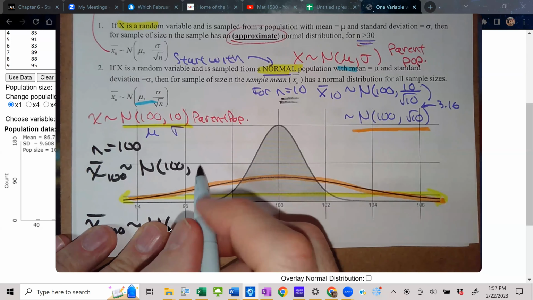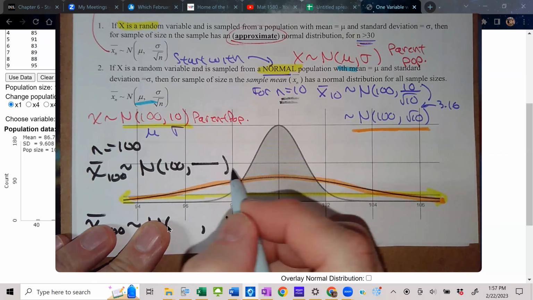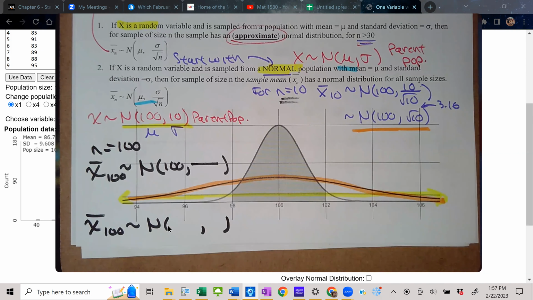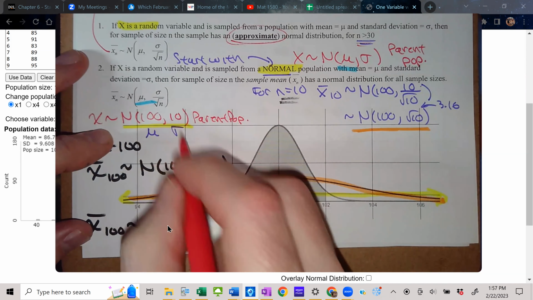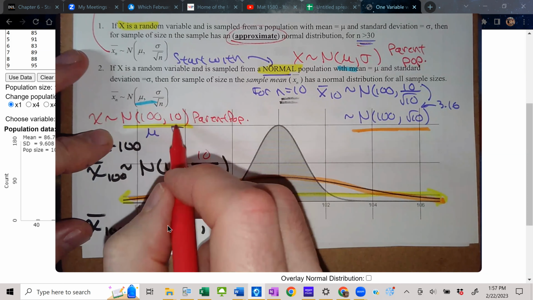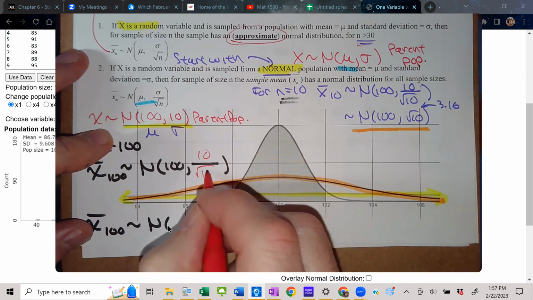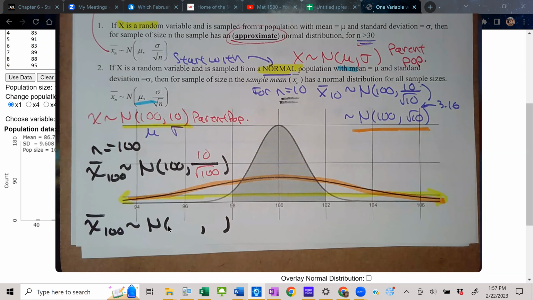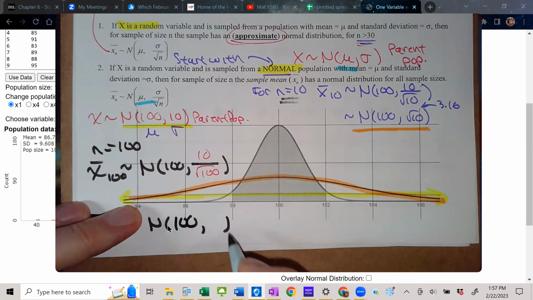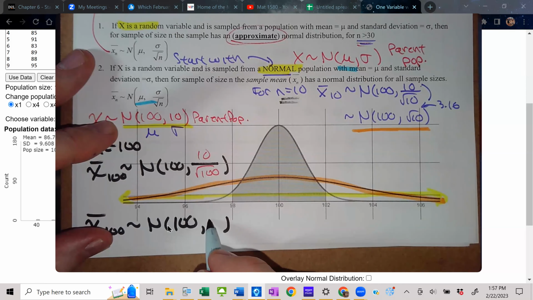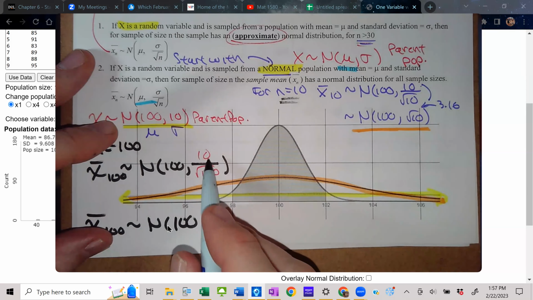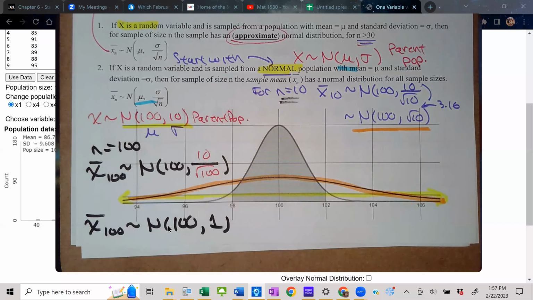What about the standard deviation? What do I got to do to calculate that? 10 over the square root of 100. Perfect. So 10, which is sigma from the parent population, divided by the square root of the sample size. So 10 over the square root of 100. And that's going to simplify. What's 10 over the square root of 100 simplify down to? 1. So yeah, 10 over 10 would be 1. Okay.